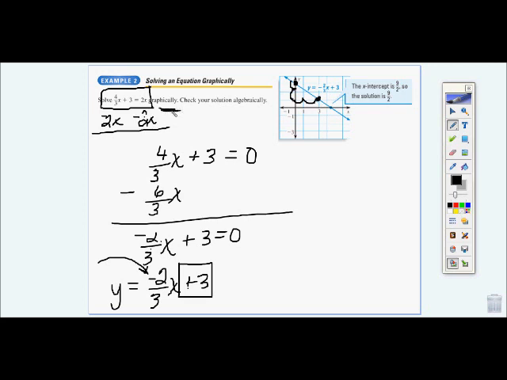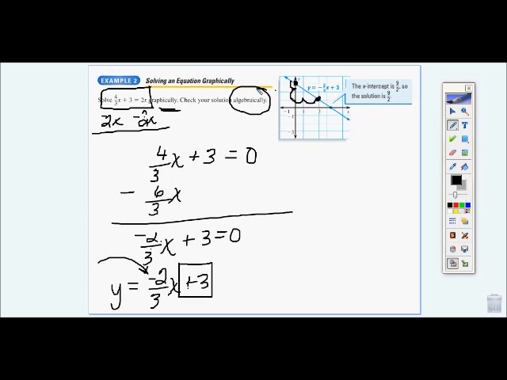We just solved it graphically. Now we want to check the solution algebraically. So when we check that solution, we're going to look and see where that graph appears to be crossing the x-intercept. And here you can see it appears to be happening past 3, past 4, and about halfway to 5.